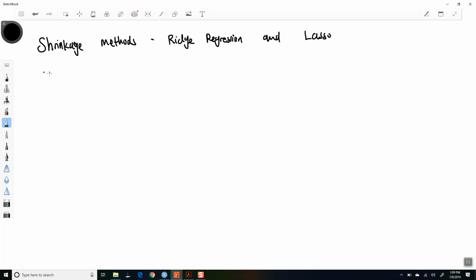With shrinkage methods, we pick our beta values by minimizing a function that is slightly different from RSS.